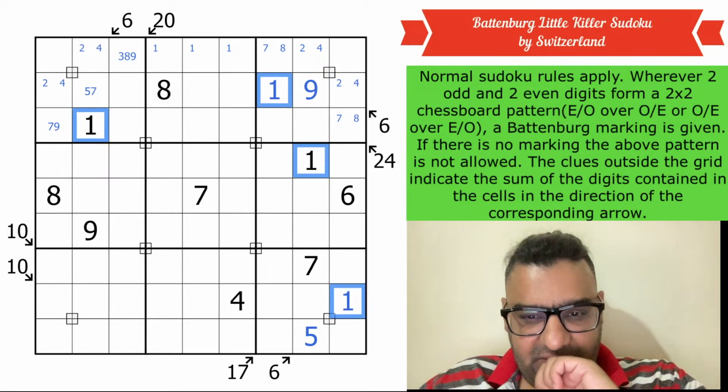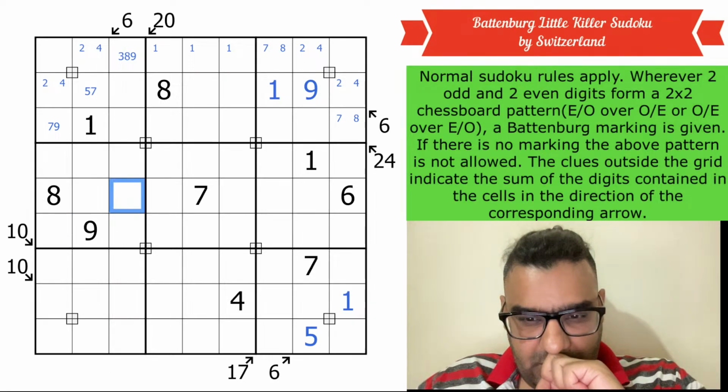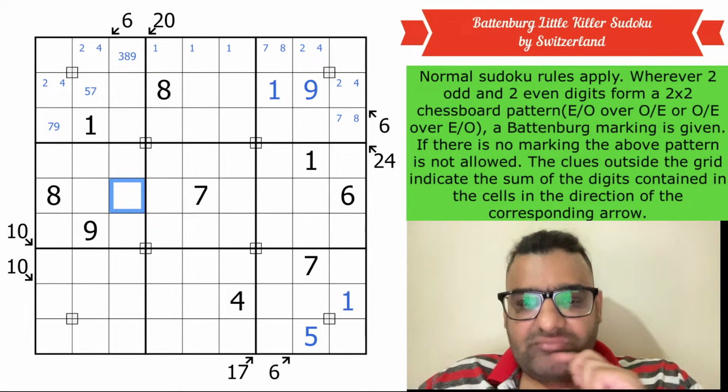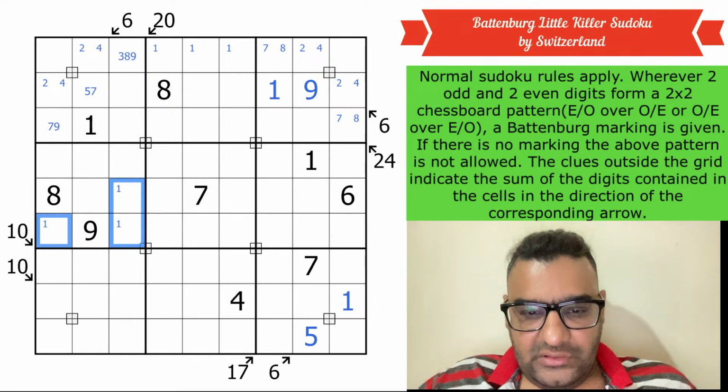And if I check this one, 1 cannot be here, 1 cannot be here. So 1 should be in these three places.